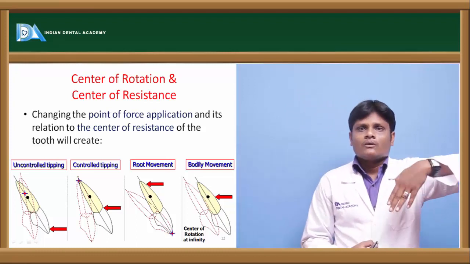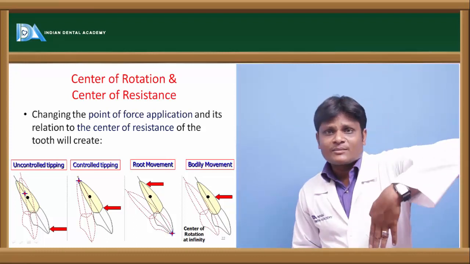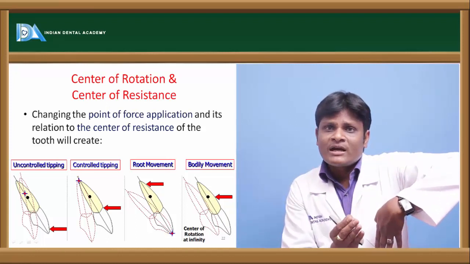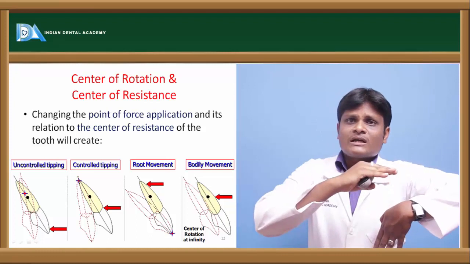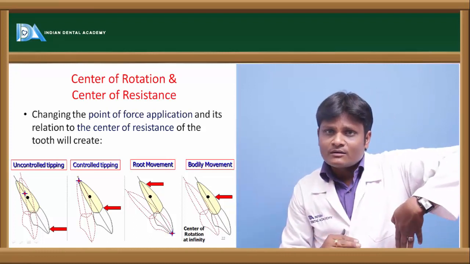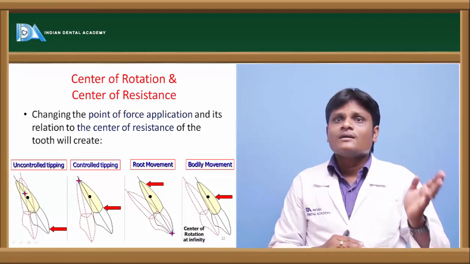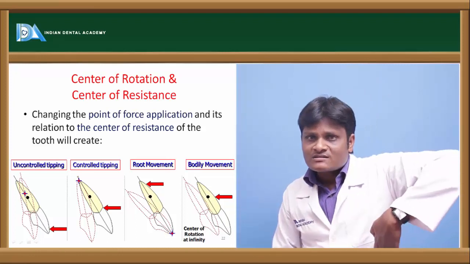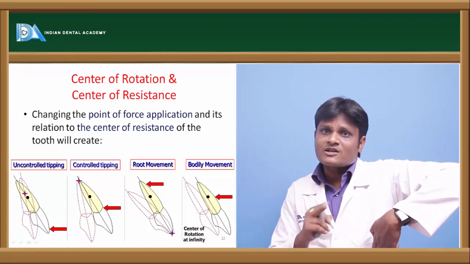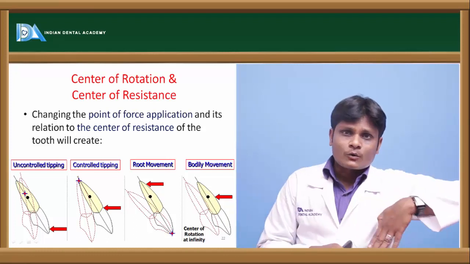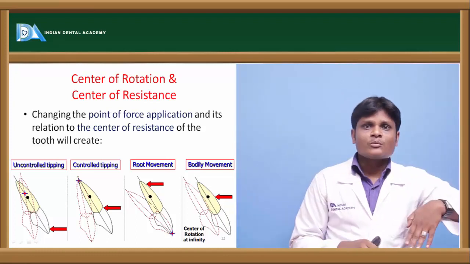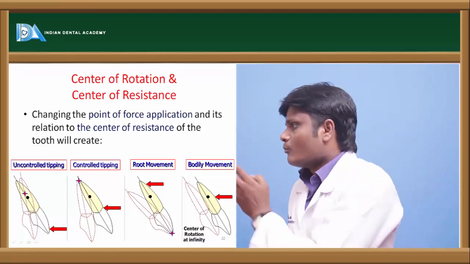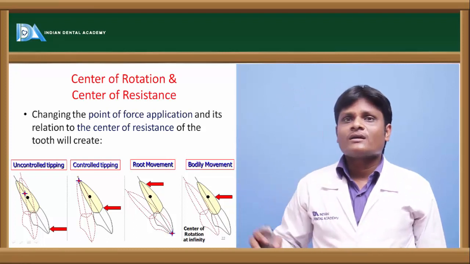Now this increasing moment will cause increasing tipping of the tooth, but due to the presence of the archwire in the bracket, a moment opposite to the direction of the moment created by the force applied will be created, leading to movement of the root. So the crown will move, and the root will move. In this manner, tipping and torquing happen, which will ultimately lead to the bodily movement or translation of a tooth.